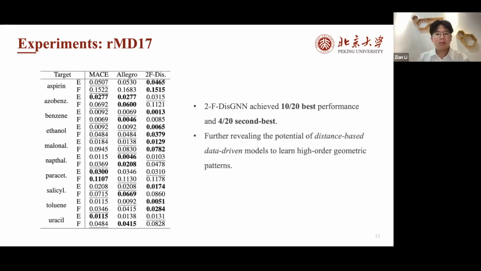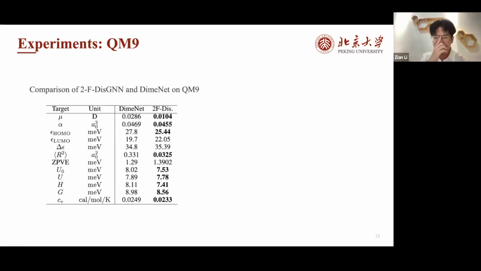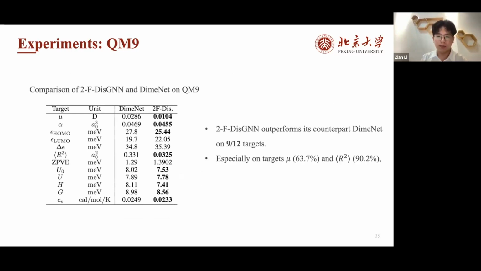So we also conducted our experiments on QM9, which contains small molecules with various kinds and sizes. In this data set, our goal is to learn more molecular scalar properties, not limited to the energy of the molecule. So we mainly compare our model to DisGNNs, and we can get the following conclusions.